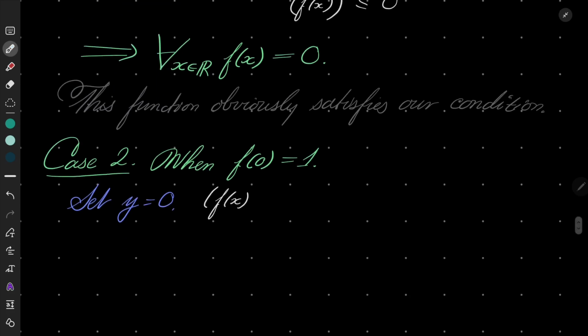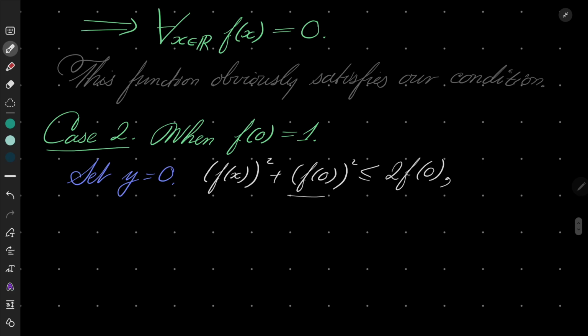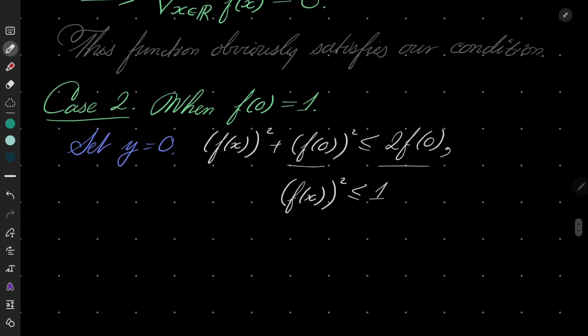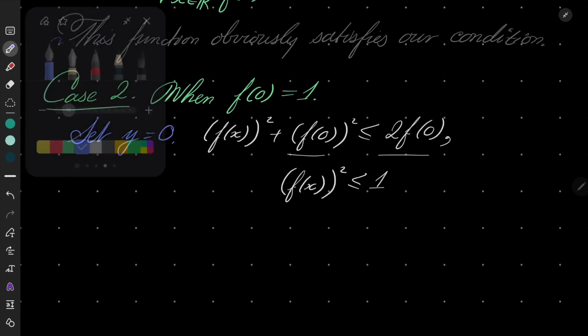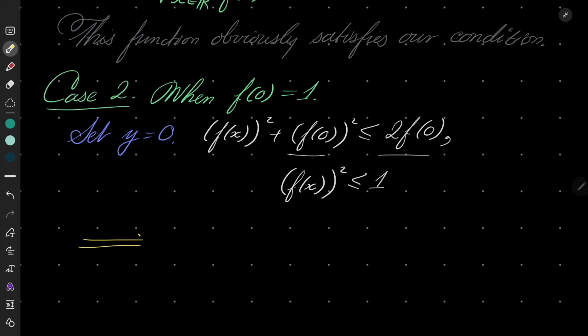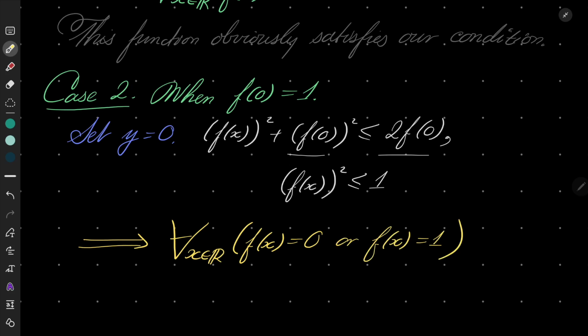F of x squared plus f of 0 squared is less than or equal to 2 times f of 0, which means this is 1, this is 2, so we have f of x squared is less than or equal to 1, which means that for every real number x, f of x is 0 or 1.